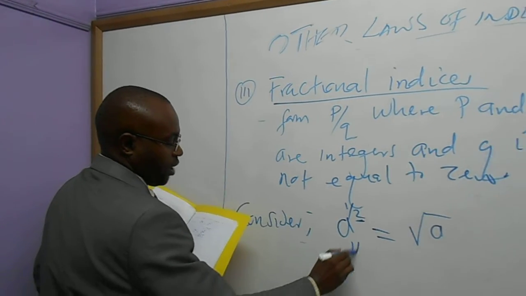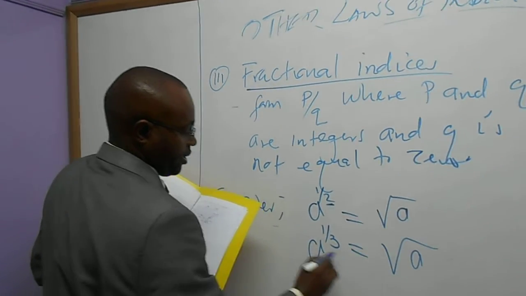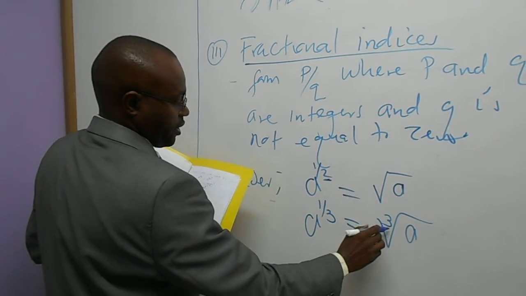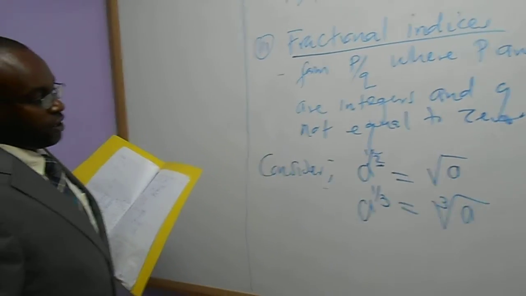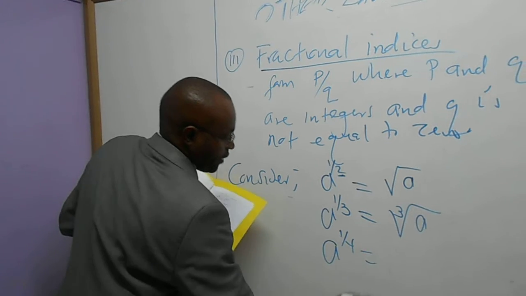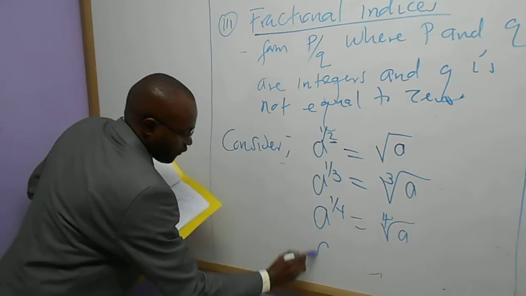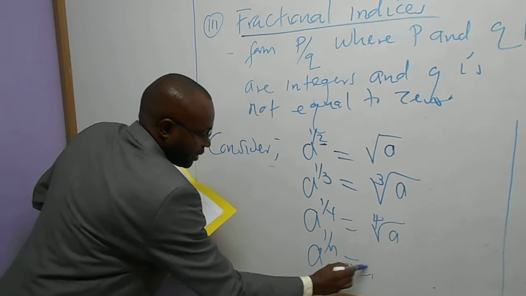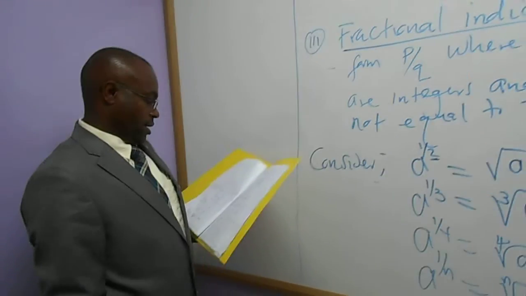If you have a raised to a third, it will mean the root sign of a with root 3, that would be the cube root of a. If you have a raised to a quarter, that would be the 4th root of a. And therefore, if you have a raised to 1 over n, that would mean the nth root of a.